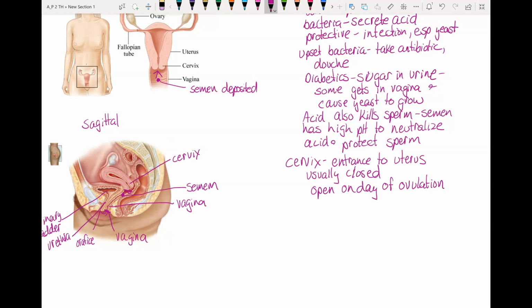It will open when you're in labor to let a fetus out. And semen contains a chemical called prostaglandin that makes it open so the sperm can get in.